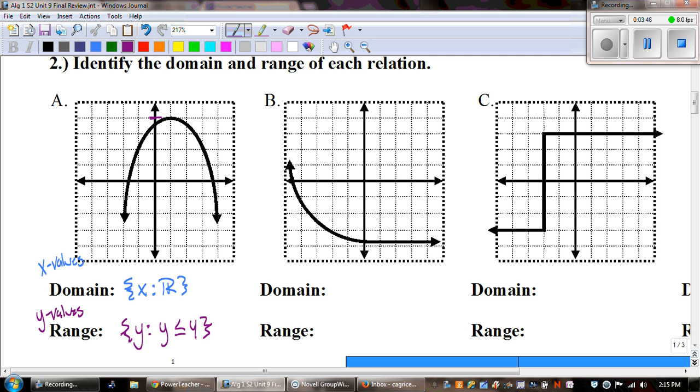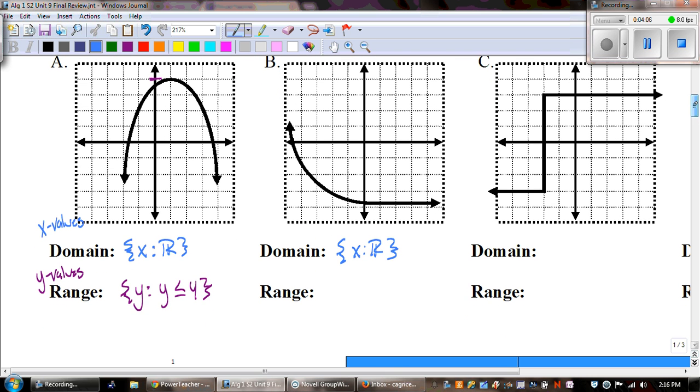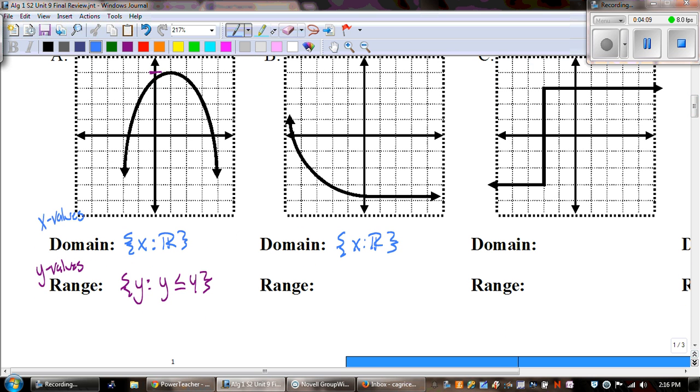What'd you get for x? Okay, well, going to the right, it goes on and on forever. And as it goes up, it also is going to come out. So for x, our domain, it's all real numbers. What about y?